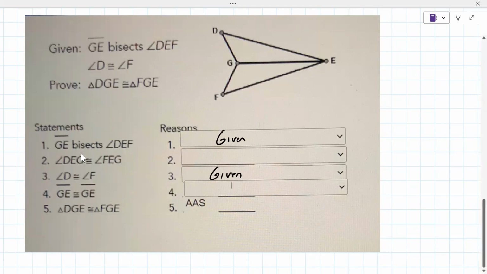Now angle DEG. Okay, so GE bisects DEF. That's what this is leading to: angle DEG, which is this angle here that I'm drawing a little arc on, is congruent to FEG. Here's the other one. That comes from this, and the reason is basically the wording in that statement. So since the segment bisects, the angles are congruent.